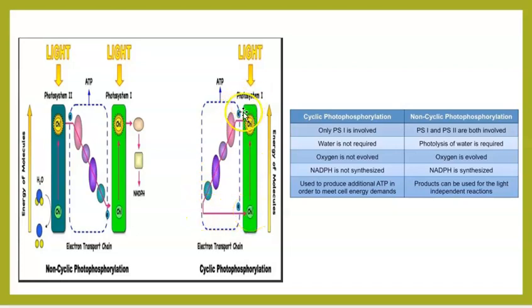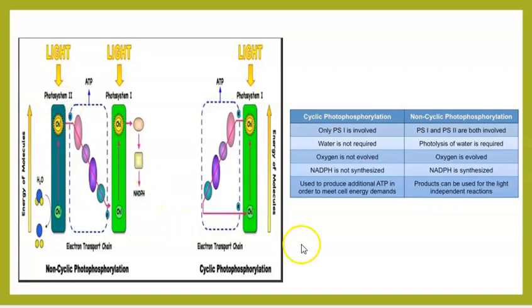You start from photosystem 1 and you go back to photosystem 1. But when you talk about non-cyclic phosphorylation, both the photosystems are involved. Basically, you start from photosystem 2, which we just discussed, and then you go to photosystem 1. So the example that we discussed right now was of non-cyclic phosphorylation.